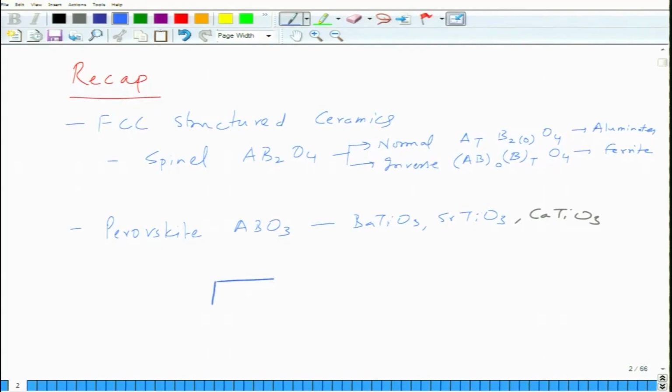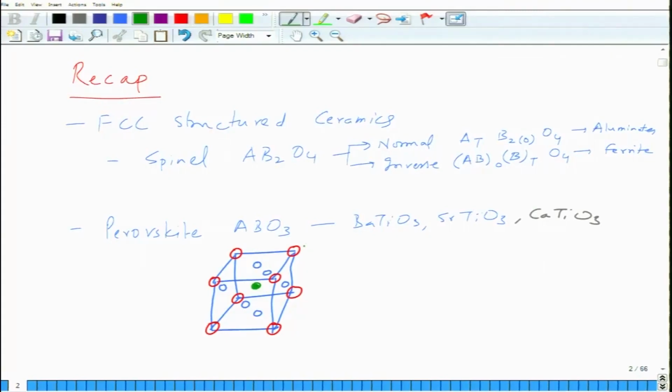So, here in the unit cell, oxygens go to face centered sites, barium goes to the cell corners, and titanium, that is B, goes to the center of the cell.